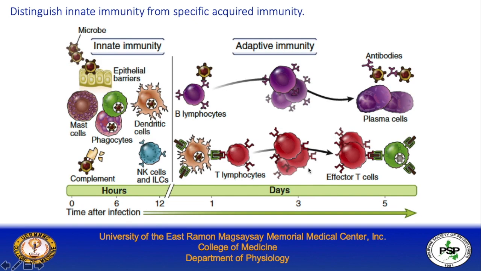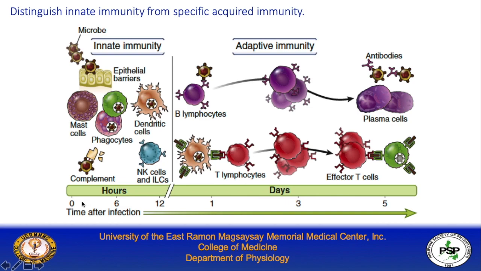In terms of the action time, this is how the innate immunity is different from your adaptive immunity. Since the innate immunity is non-specific, it is always there, it does not need time to be activated, unlike your adaptive immunity. Its action time is very fast.